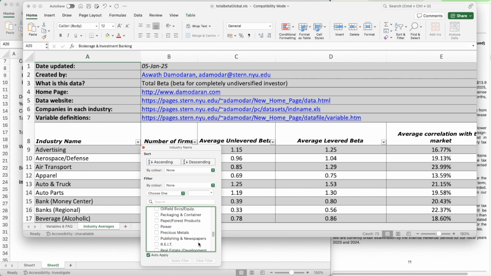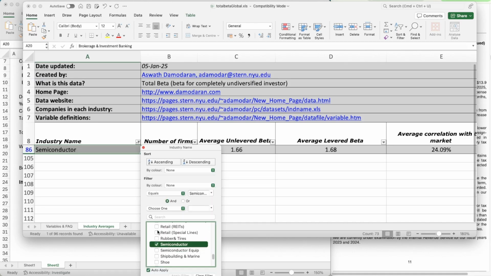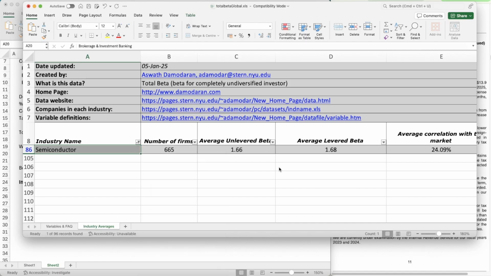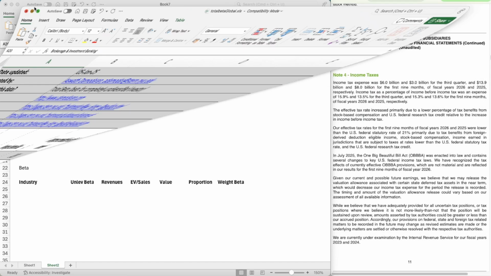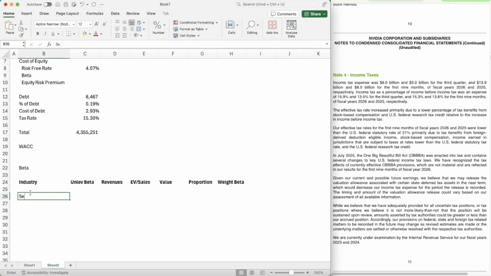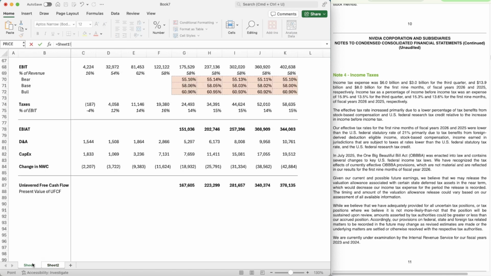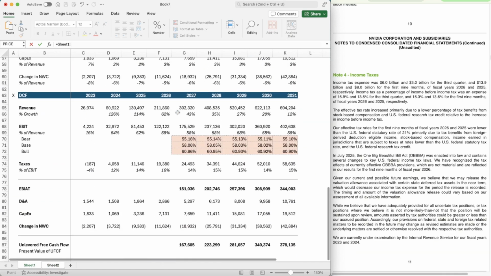We can just use semiconductor, to be honest. So 1.66. The revenues equals whatever we have.